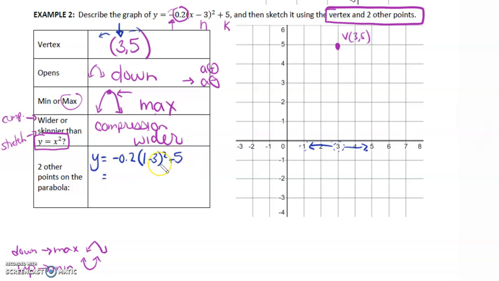Okay, if we put this entire thing into our calculators, we're going to get 4.2. So our point will be (1, 4.2). Okay, the other one, if we go 2 values to the right and we sub in 5, y equals negative 0.2 times (5 minus 3) squared plus 5, we also get 4.2.